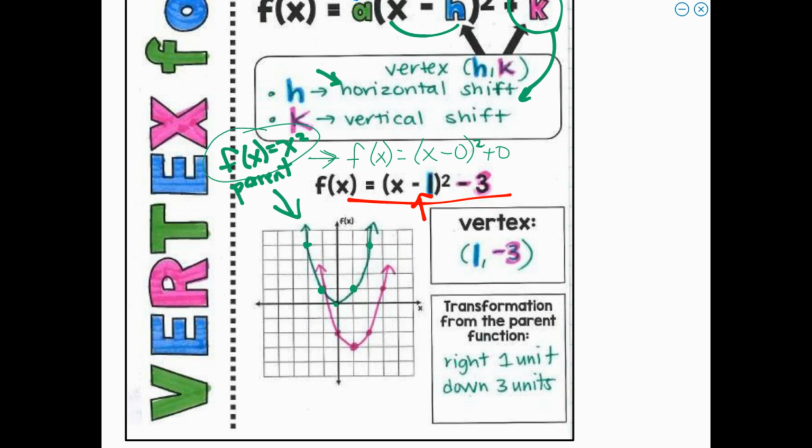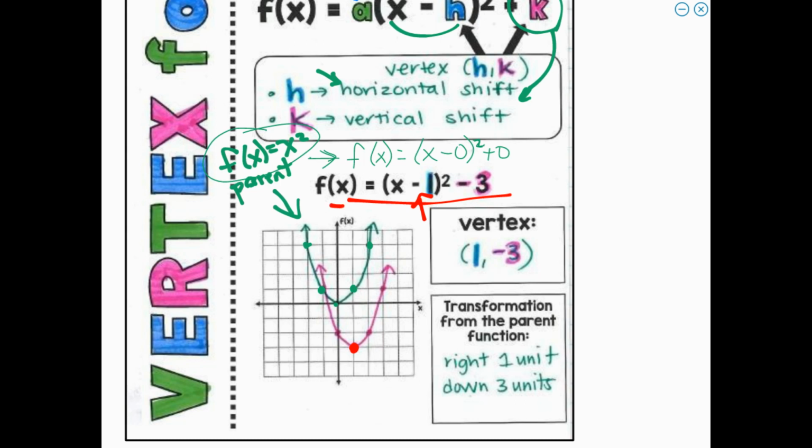Because it's inside the parentheses, and we talked about it being opposite when it's inside the parentheses. And then negative 3 is there on the end. So that's your vertex down here at 1, negative 3.